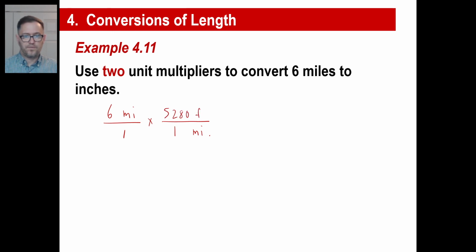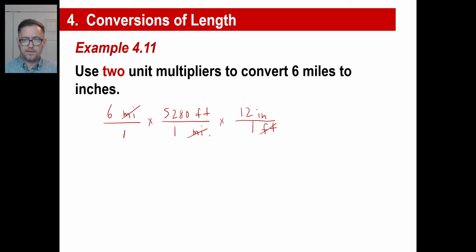5,280 feet. Okay, miles go away. Now we have feet. Oh, we don't want feet, we want inches. So we're going to have to do this thing again. What goes on the bottom this time? What goes here? Feet, right? We don't even worry about if you know the answer yet. Just put feet down. You know you got to cancel that out. Okay, so 1 foot is the same thing as 12 inches.